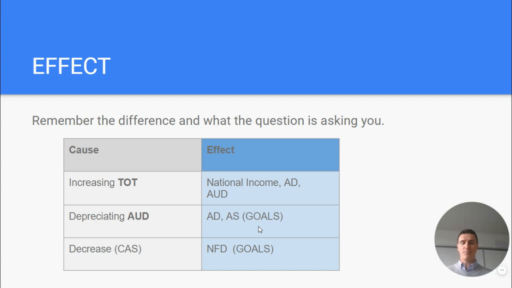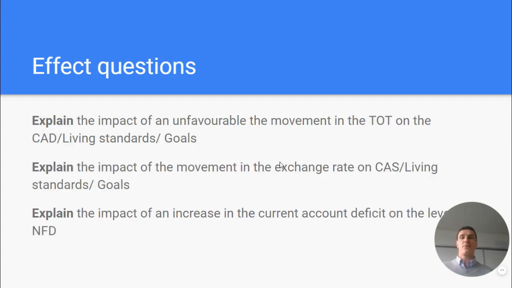Okay, and you can start to build out some of the questions you might get just from this little table here. What's the effect of a decrease in the current account surplus? Well, it could affect net foreign debt and our goals. So if you get questions about the effect, you should be focusing on the future. The cause is in the past, the effect is in the future. And there are some examples of the effect questions that you might get.